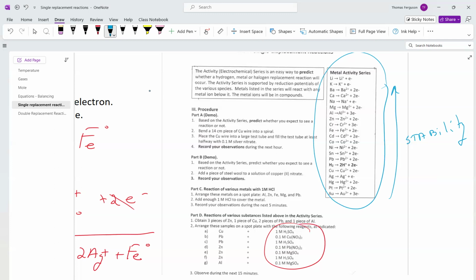Group 2 wants to lose 2 electrons. Group 3, up at aluminum, wants to lose 3 electrons. Group 7 wants an electron. Group 6 wants 2 electrons. Group 5 wants 3 electrons. And it has to do with how the electrons are configured when you do the electronic configuration.